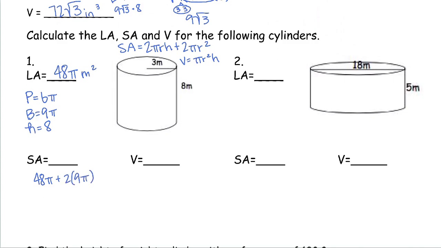So if I do 48 plus 18, that brings me to 66 pi meters squared. And for my volume, that will be 9 pi times the height of 8, so 72 pi meters cubed. Same thing on number 2, just make sure that you split that into your radius of 9, okay?